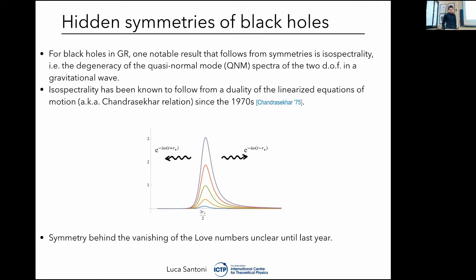Let me just mention that there is one important property of black hole perturbations, which is called isospectrality: the even and odd equations that describe the black hole perturbations have the same characteristic frequencies, the same spectra of quasinormal modes.